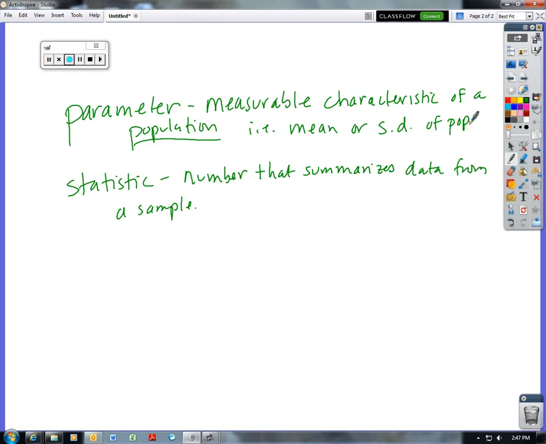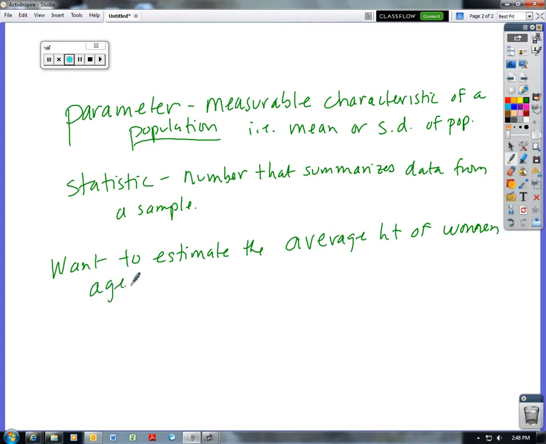So I'll just paraphrase it a little bit. Estimate the average height of women, and it doesn't even say which women. Maybe it means from the whole world, of women aged 20 years and older.